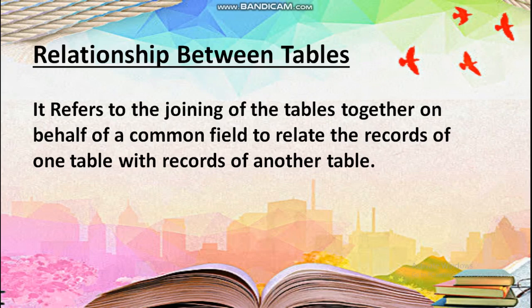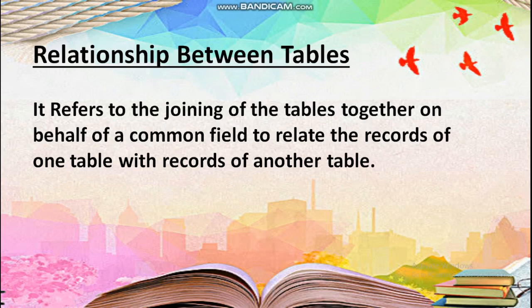A student's information comprises his or her personal information as well as academic information as well as transportation information, etc. If we keep all this information together in one table, the table will become very bulky and there will be chances of database crash.